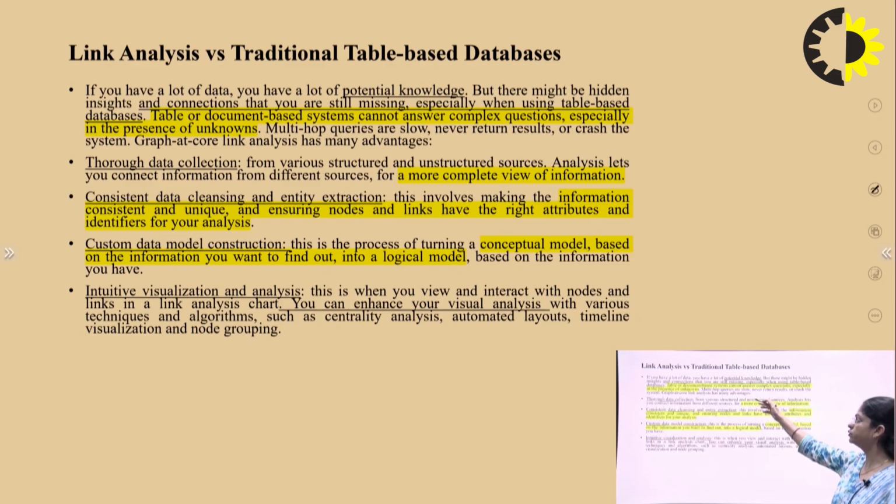So we try to use graphical data link analysis for extraction of insights. Multi-hop queries are slow, never return a result, or crash the system.